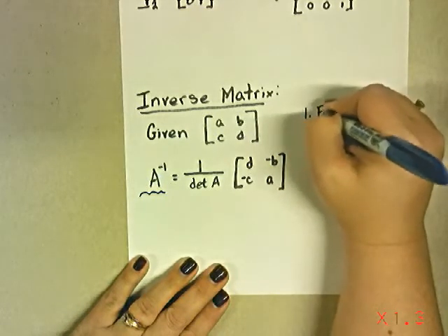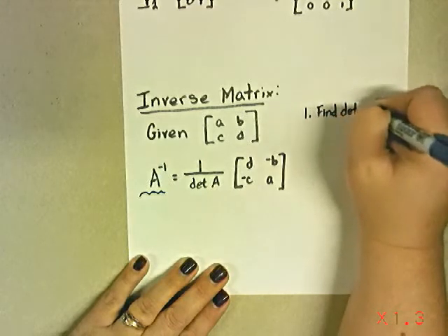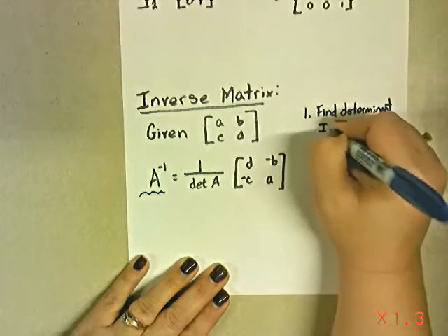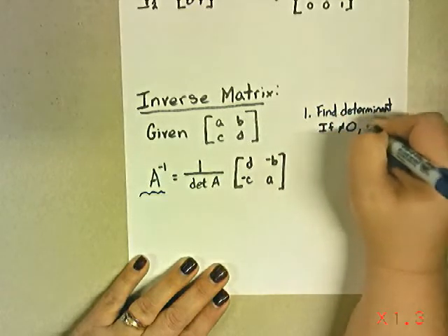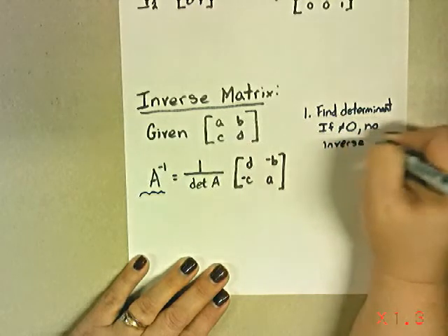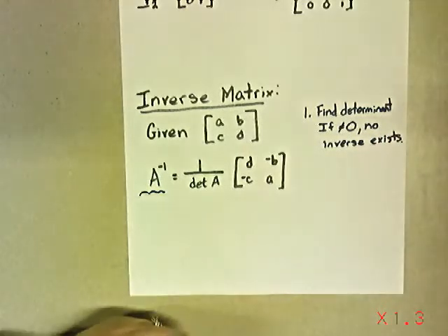Number 1, find the determinant. If the determinant equals 0, then no inverse exists. So we just love 0 more and more every day. If the determinant is 0, then the inverse matrix doesn't exist, and you can stop right there and say does not exist.